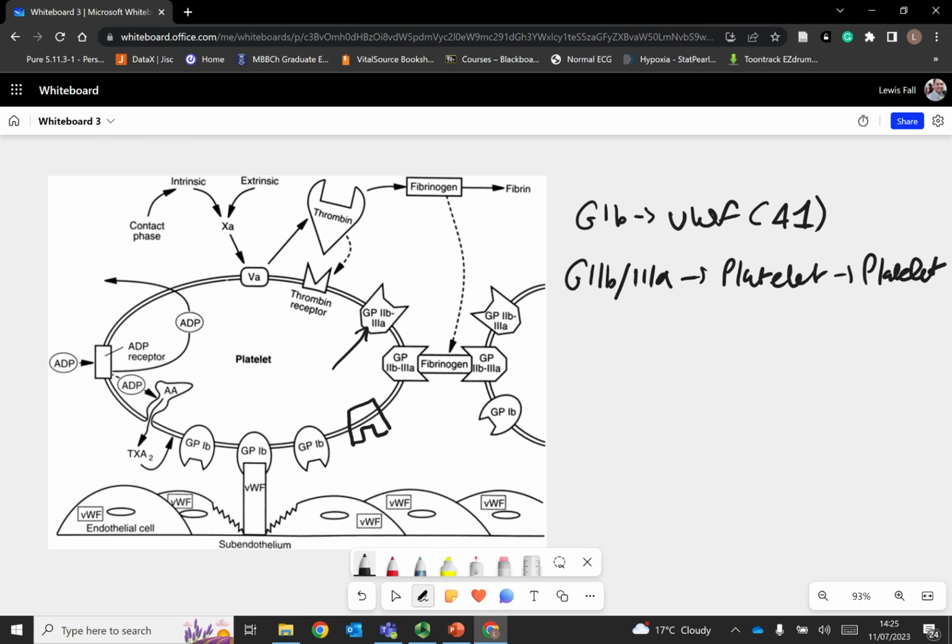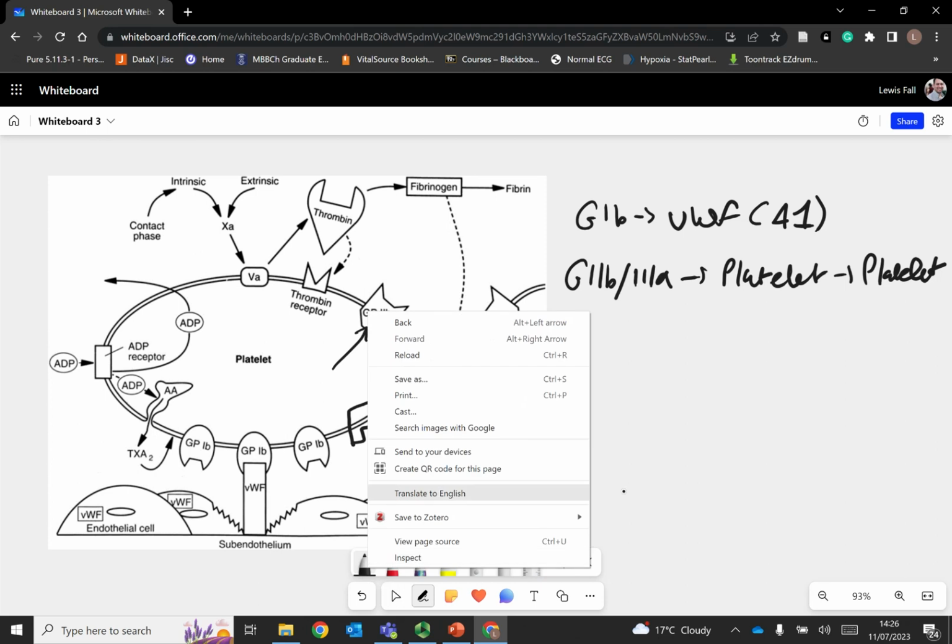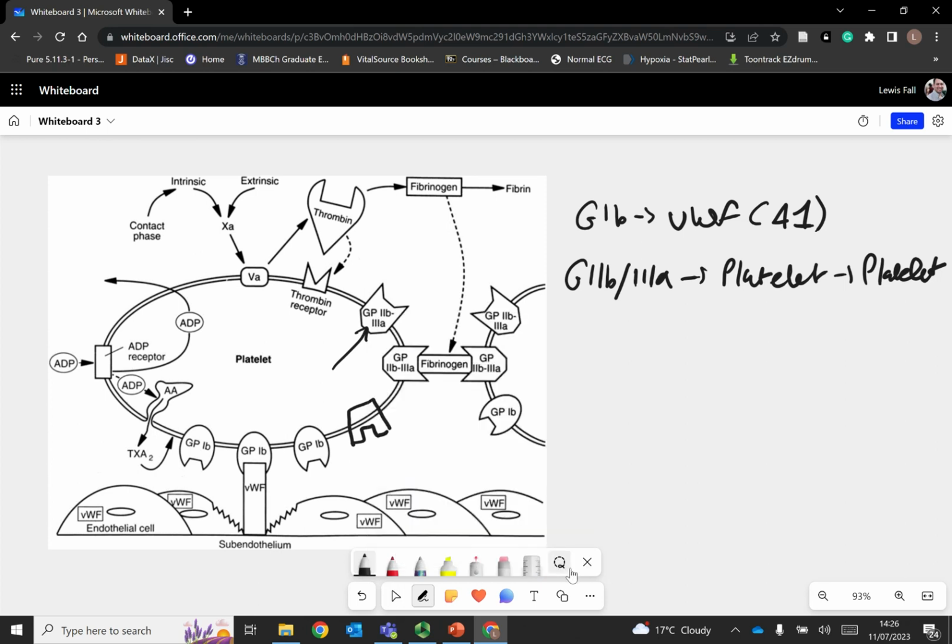Like this. Okay. And I'm going to draw it, and you can kind of see that it looks like an A, the way I've drawn it. That's glycoprotein 1A.